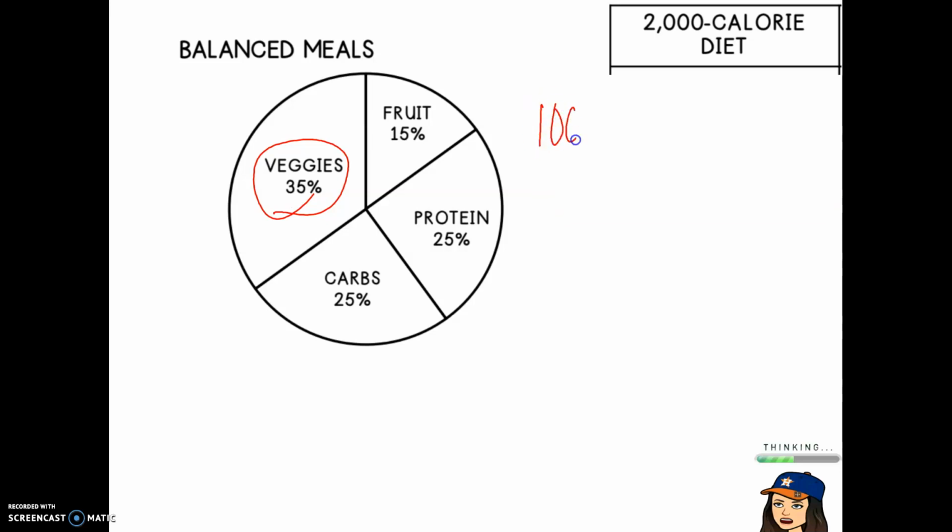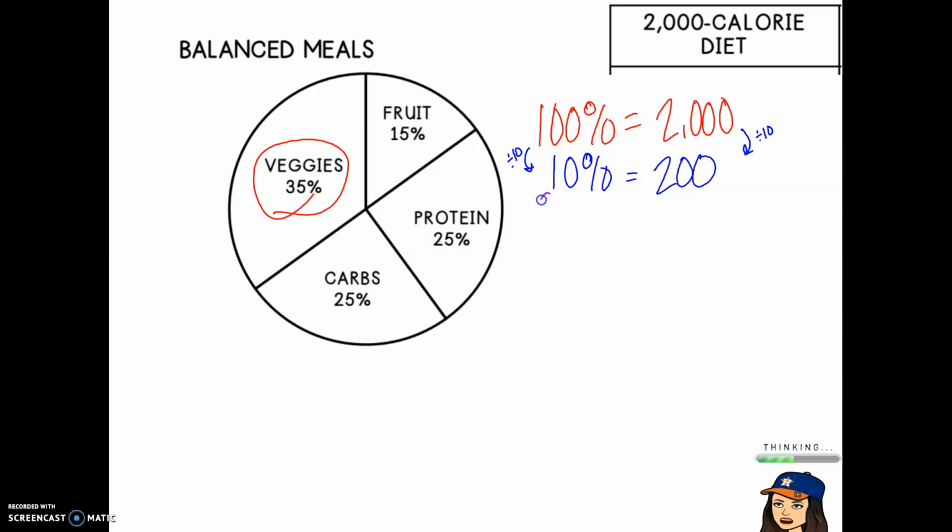So if 100% is 2,000, then 10%, which is 100 divided by 10, and then 2,000 divided by 10 would be 200. All right, look at that. I've already got to my 10%. And if I know 10%, I can get to 1% by simply dividing by 10 again. So 1% is equal to 20.